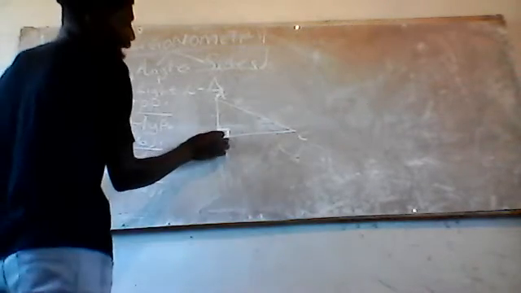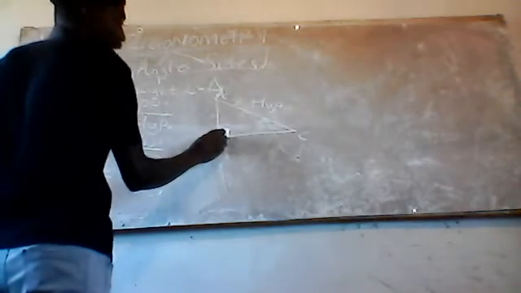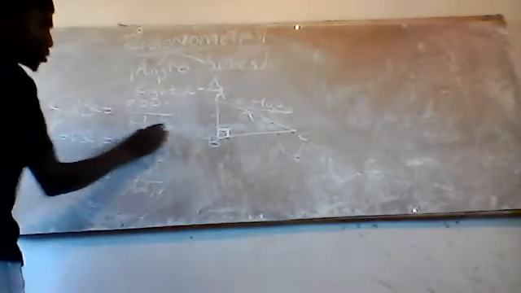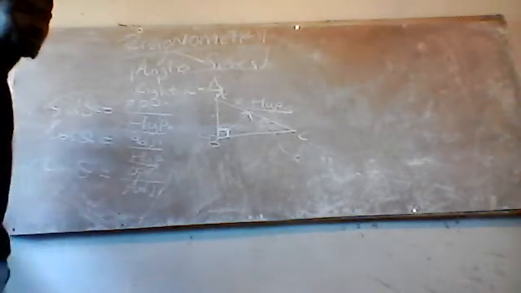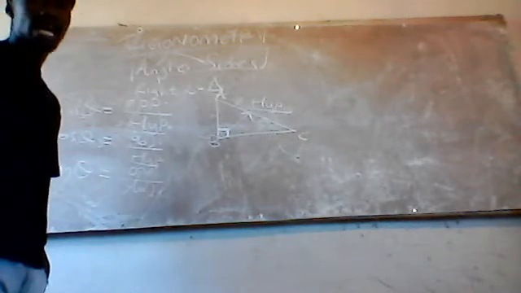The side which is opposite the 90 degrees angle will always be what we call the hypotenuse side. So the side opposite the 90 degrees is always called the hypotenuse. The hypotenuse side on those trig ratios stands for the side opposite the right angle of the triangle.